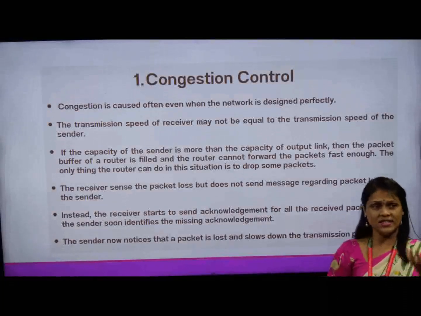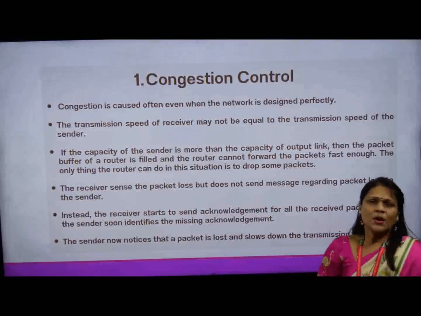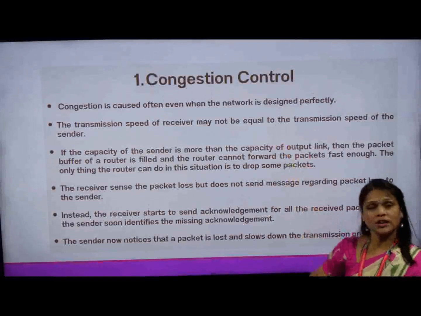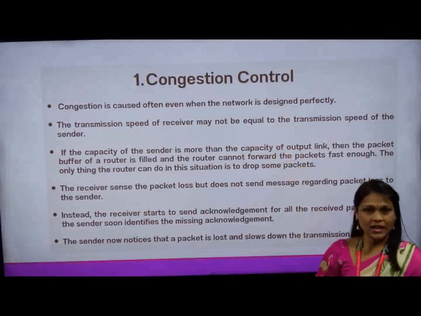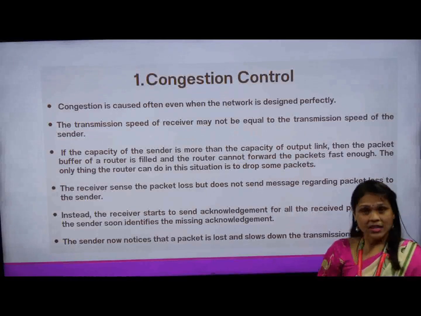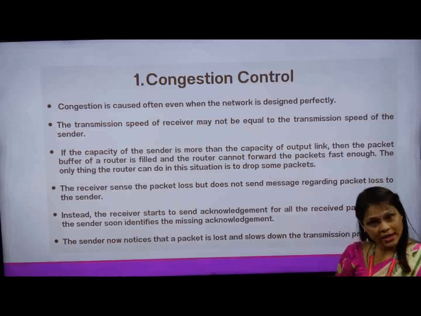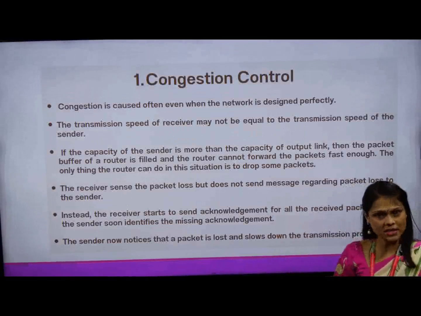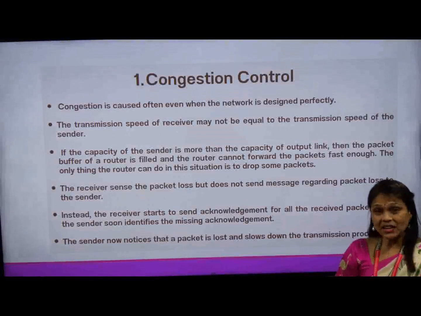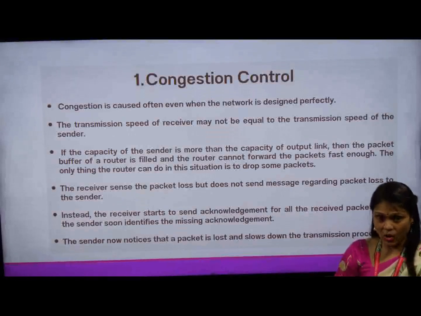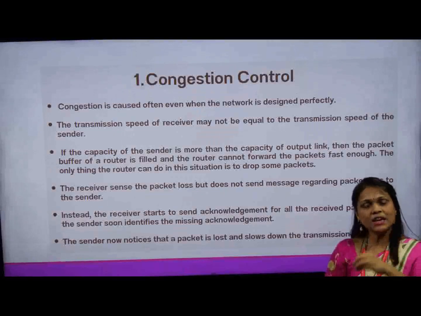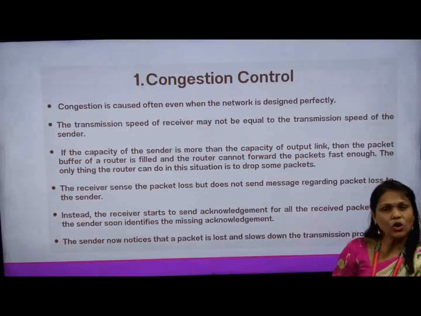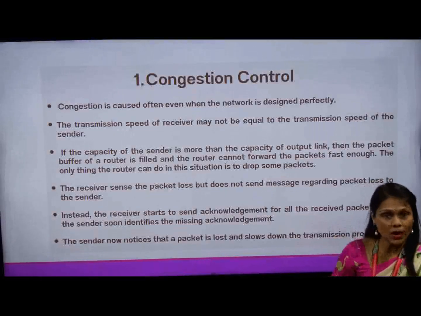When a sender sends the data to the receiver, even though we are saying the network is designed properly, what is making the congestion happen? It is the data packets that are overloaded on the network. That means the sender is sending data packets in such a way that it is making the network bandwidth get overloaded.